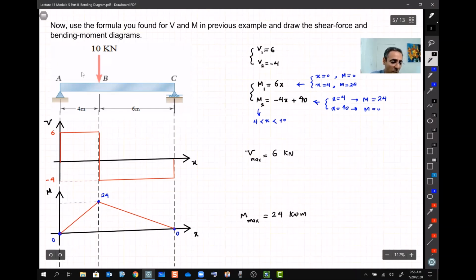And we know where that happens, at point B, right beneath the 10 kilonewton load. Of course, this is a simple example. It's maybe obvious. We know if this beam is going to break, where it's going to break. But for more complicated loads, it is important to find out where this maximum happens.